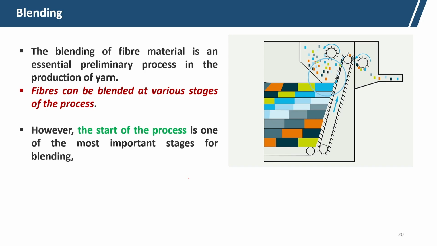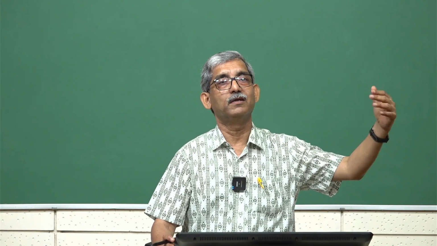However, the start of the process is one of the most important stages of blending, because if we blend the fiber at the beginning of the process, then we can get homogeneity in blending. So, to get a homogeneous blended product, we must blend the fiber at the earlier stage, which is in the blow room, since the individual components are still separable.